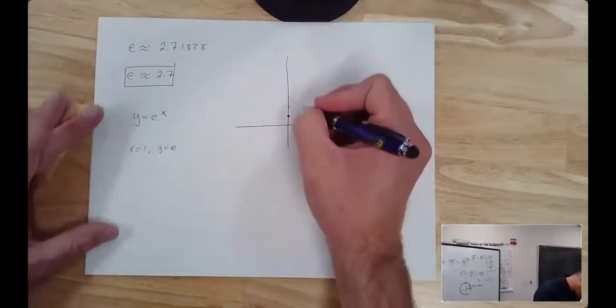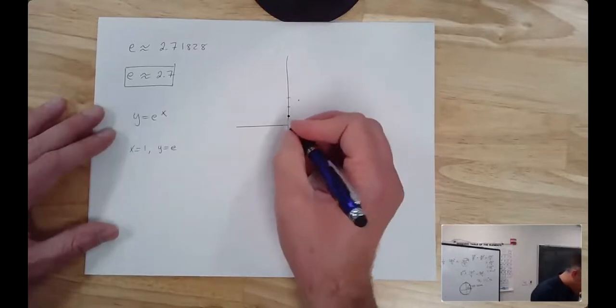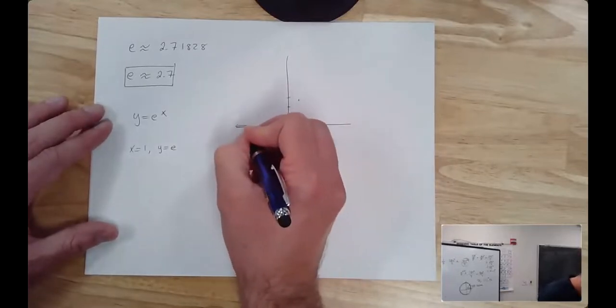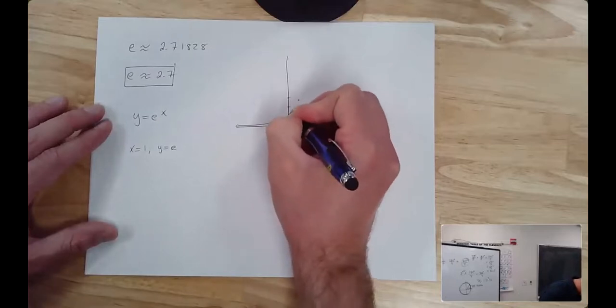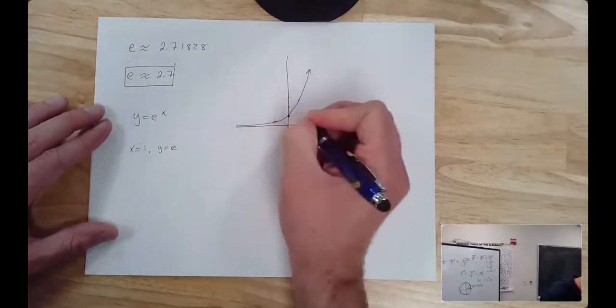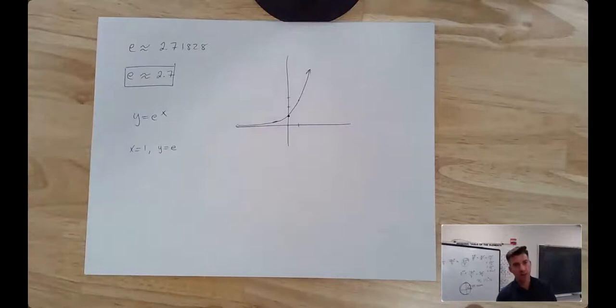So it's about there. And then I'm going to graph it. There you go. There's y equals e to the x. You will definitely be seeing a lot of this function in calculus, for sure, all the time, 100%.